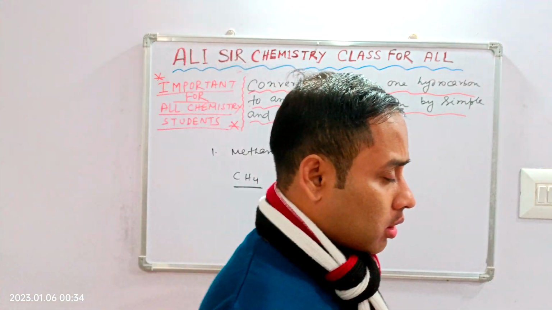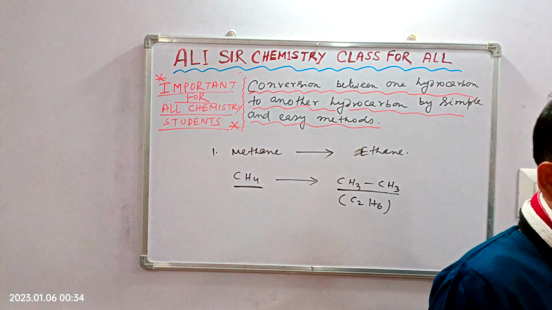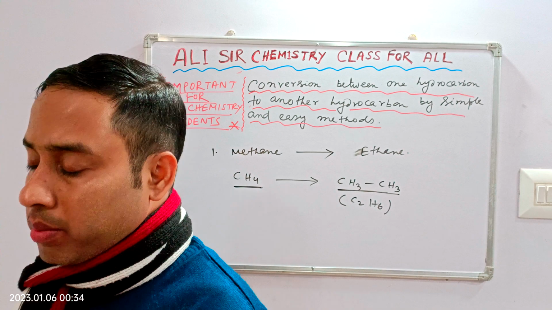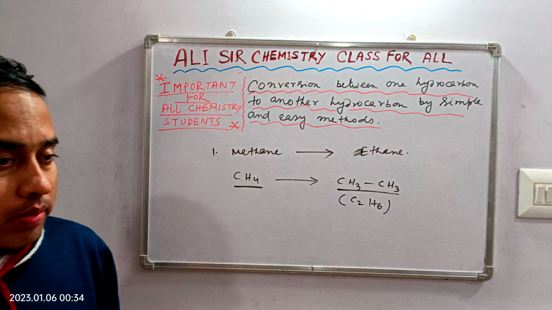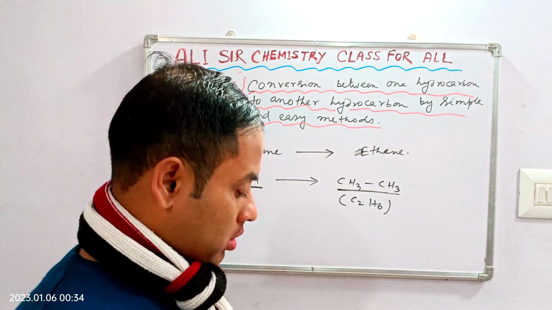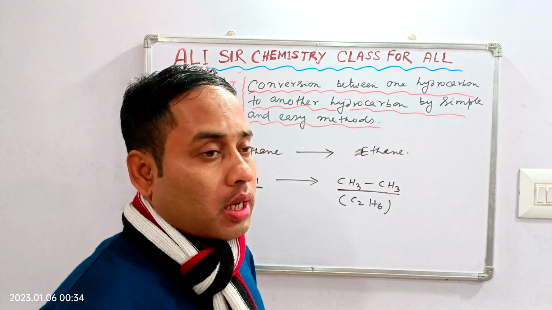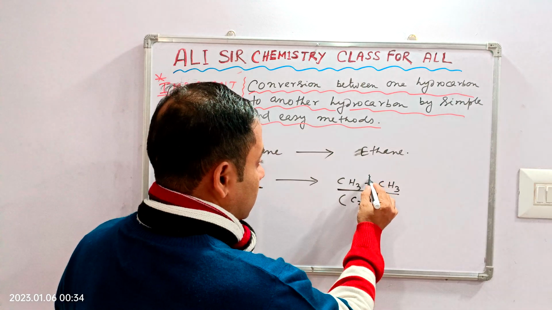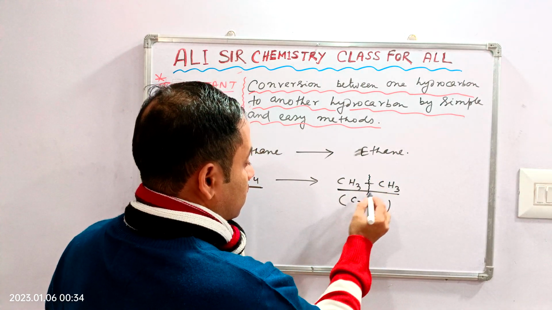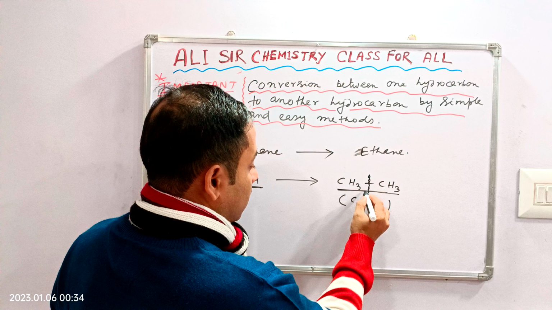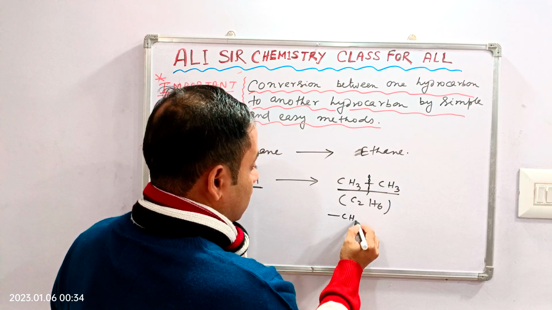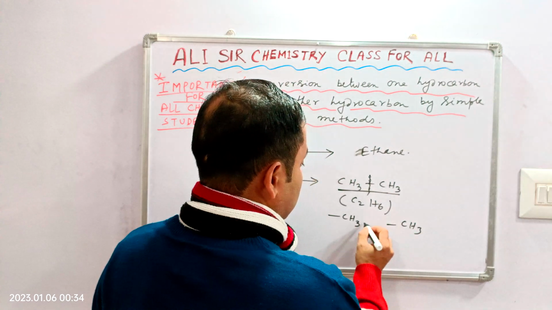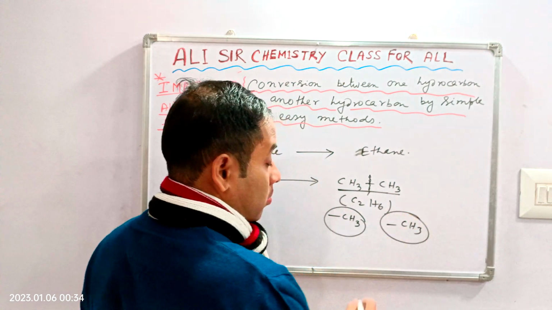Initially, remember the most important reaction you have all learned: the Wurtz reaction, for the preparation of symmetrical alkanes. Ethane is a symmetrical alkane, CH3-CH3. If you divide it, we get two alkyl groups, one CH3 on the left side and another CH3 on the right side, so this type of molecule is called a symmetrical molecule.